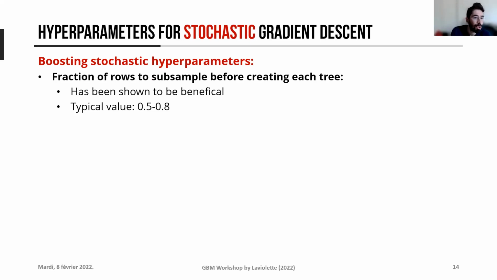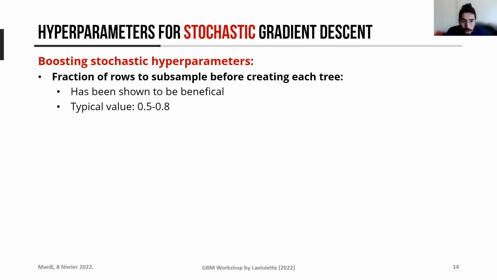There are several ways to do this, but the main way is that you only take a subsample of rows before creating each tree. So as I said before, if we have 100 observations, depending on the value that you specify here, if it's 0.5, it means at each tree, you only use 50 of your observations to create a new tree and add this tree to our ensemble.